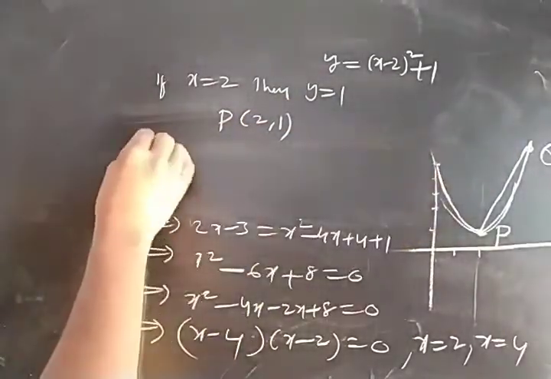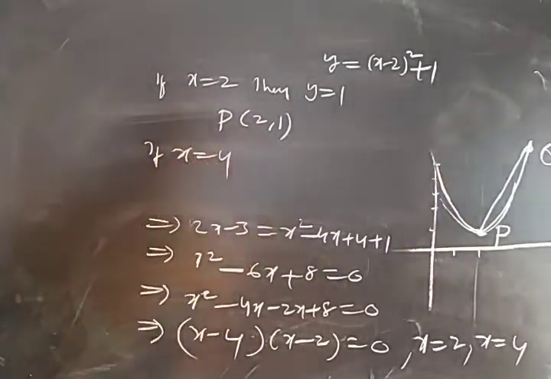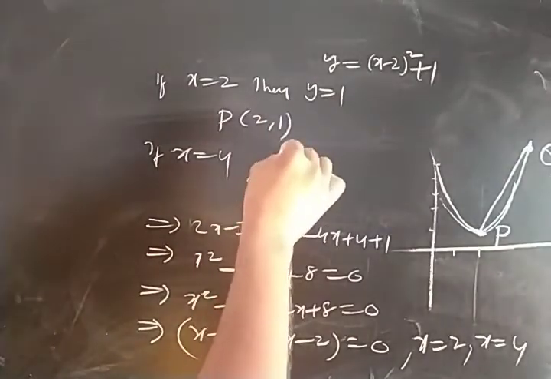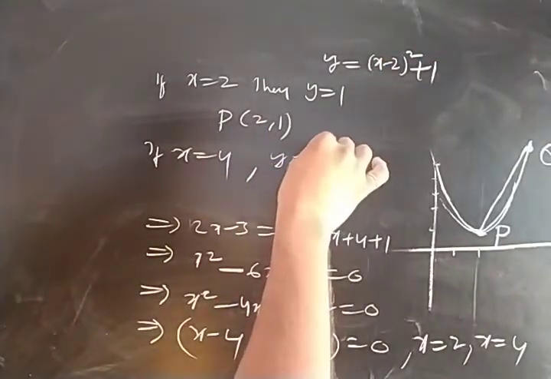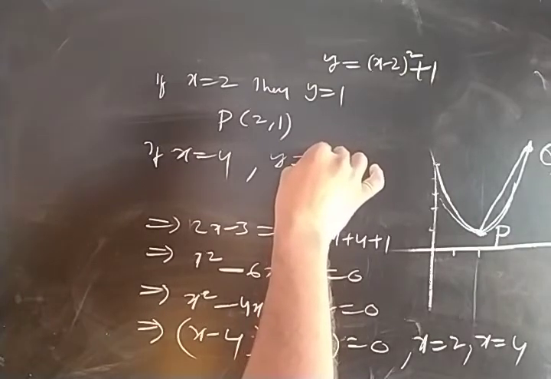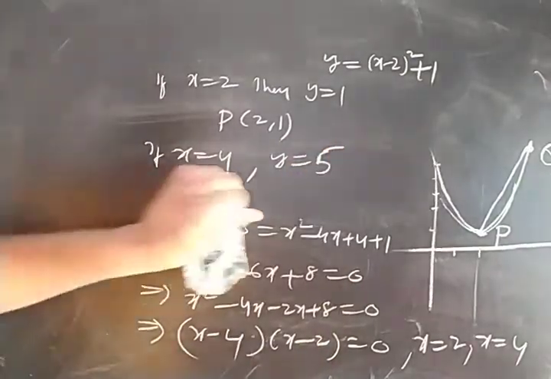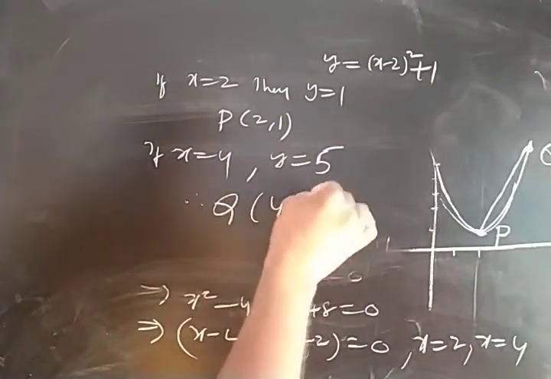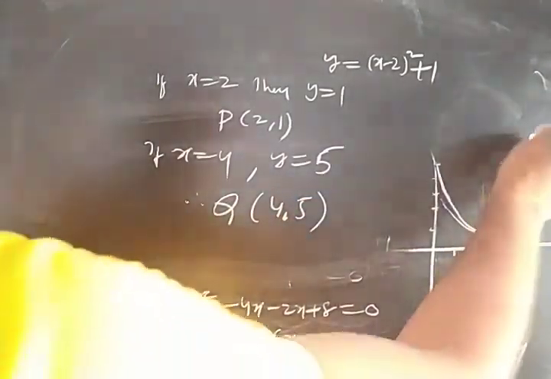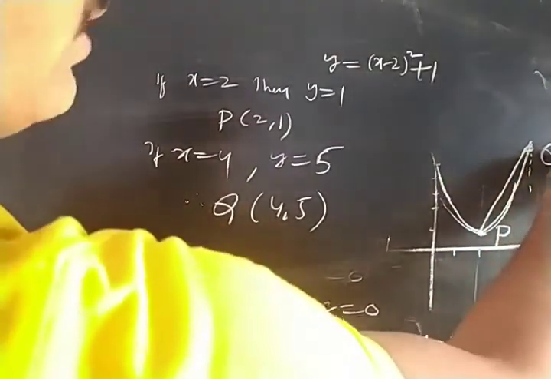If x equal to 4, from the curve y equal to (4 minus 2) square plus 1, that is 4 plus 1, so y equal to 5. If x equal to 4, y equal to 5. Therefore the Q point is (4, 5).